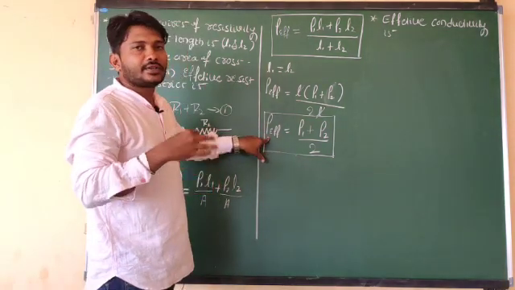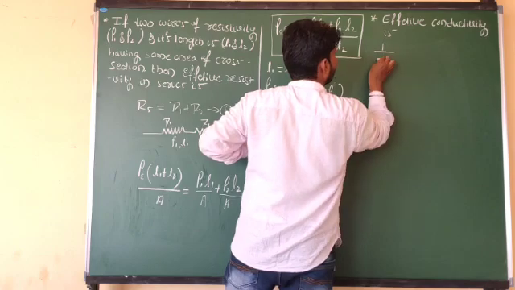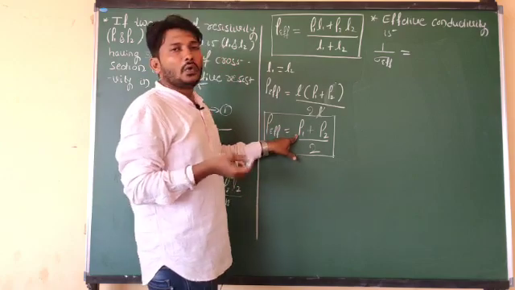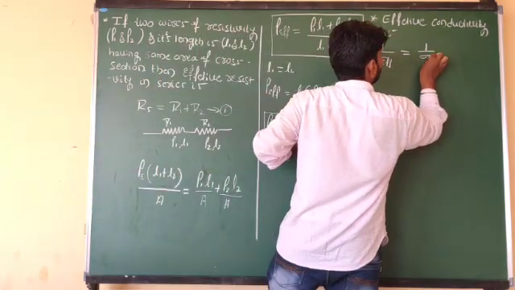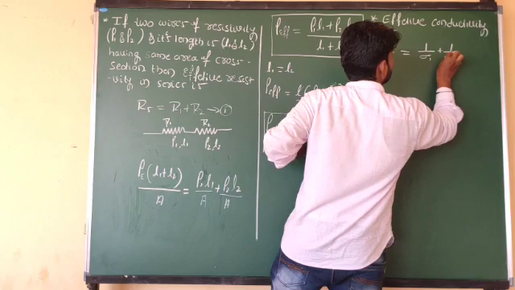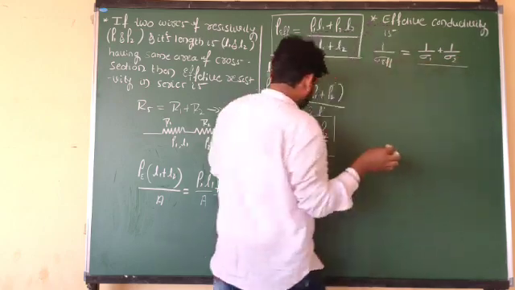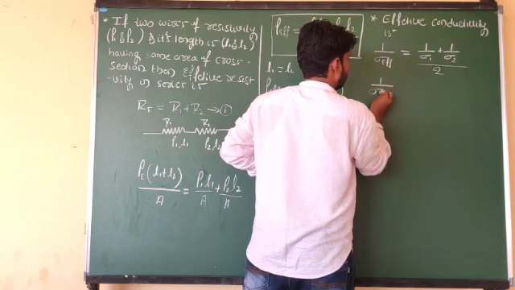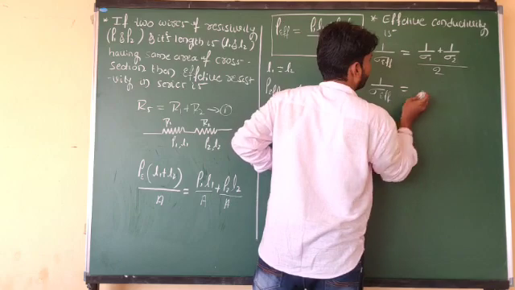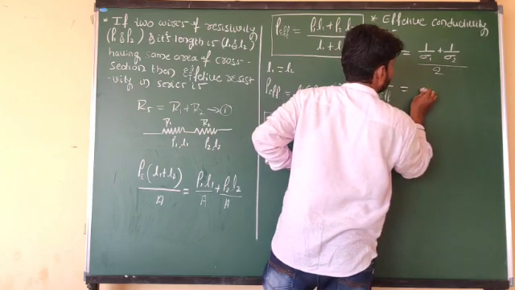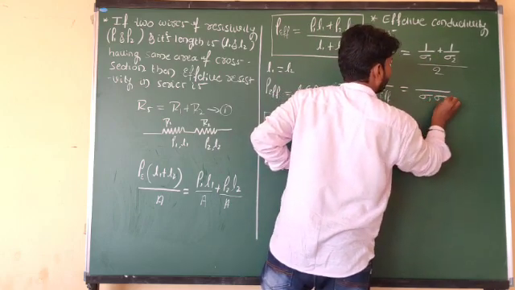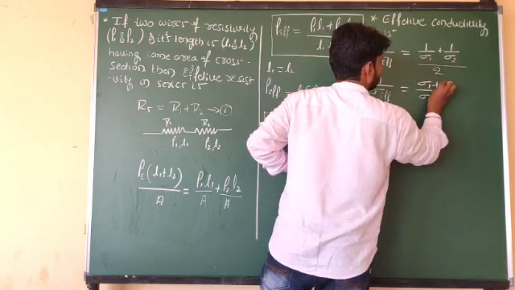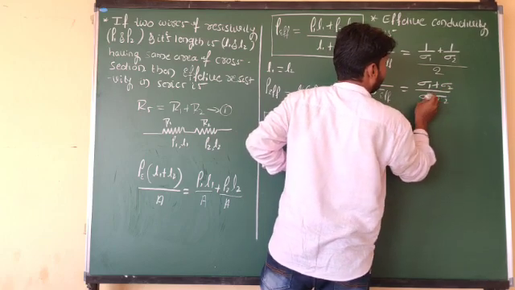So the effective resistivity, I take it as 1 by effective conductivity, is equal to (1 by σ1 plus 1 by σ2) whole divided by 2. Look here, I will simplify that. For the effective conductivity, if I take the LCM, σ1 into σ2, this is σ2 plus σ1, or σ1 plus σ2.